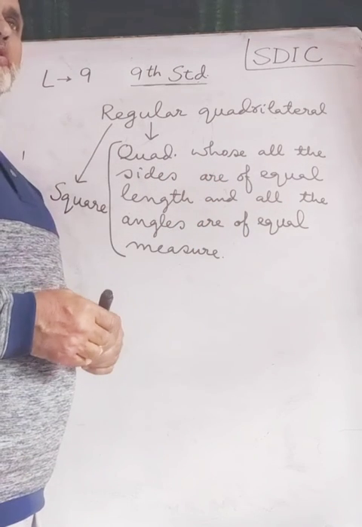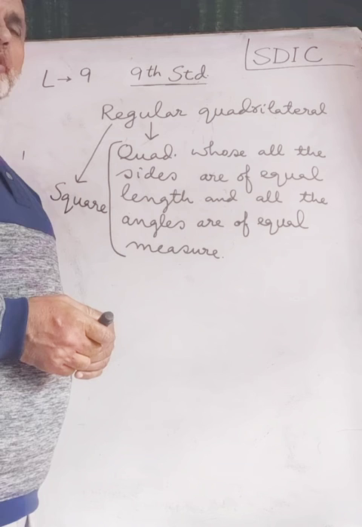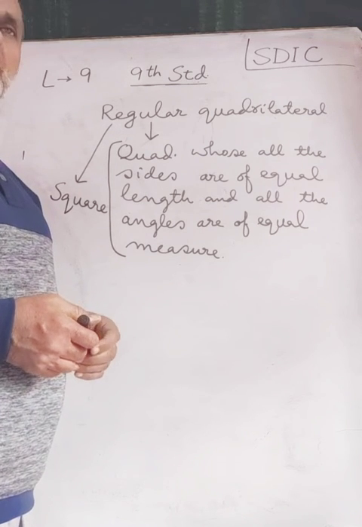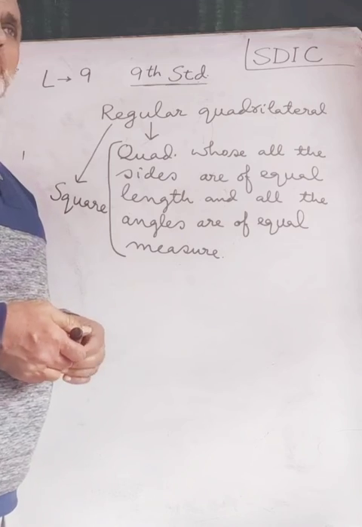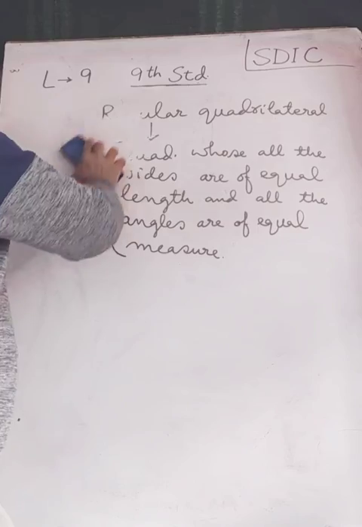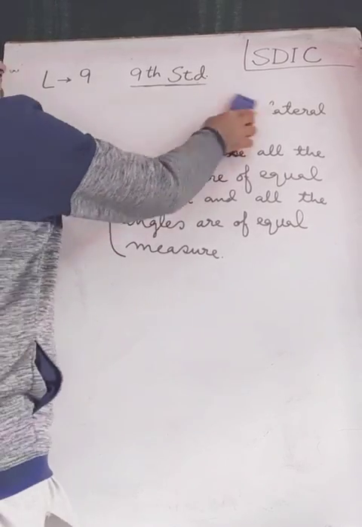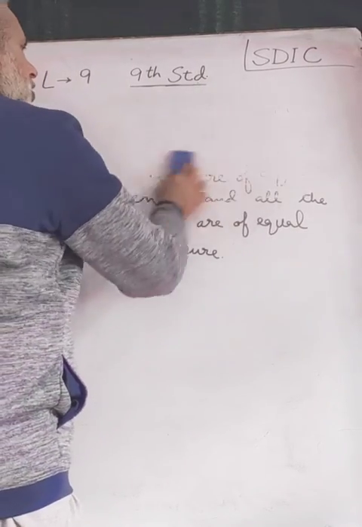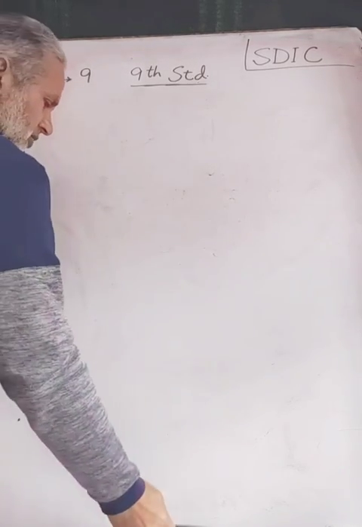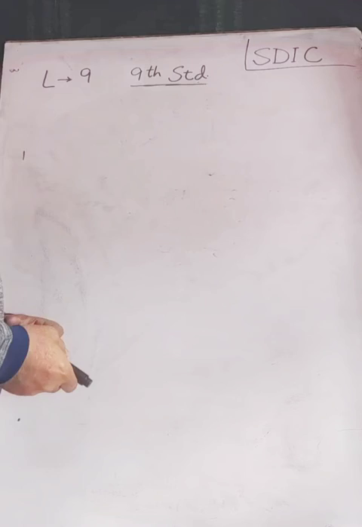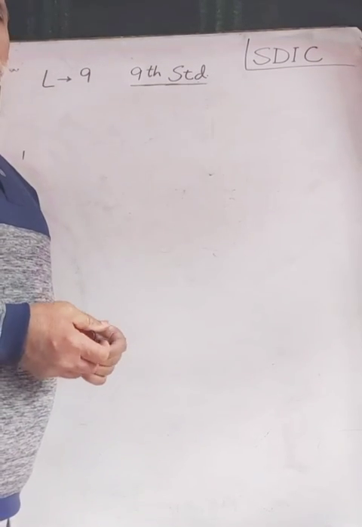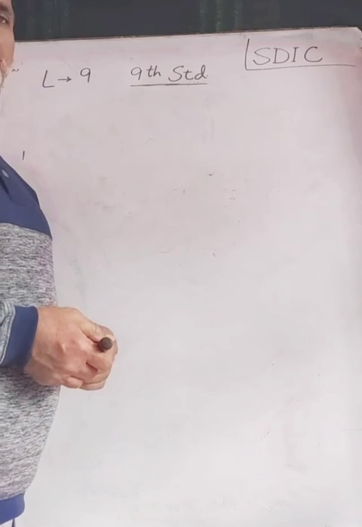Similarly, look at the rhombus. All the sides are of equal length, but all the angles are not of equal measure. Therefore, that also is not a regular quadrilateral. A quadrilateral can be therefore a regular quadrilateral or an irregular quadrilateral. It is a regular quadrilateral if all the sides are of equal length and all the angles are of equal measure.